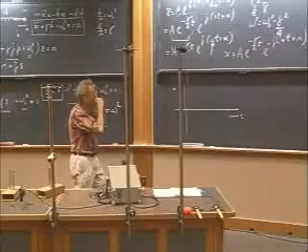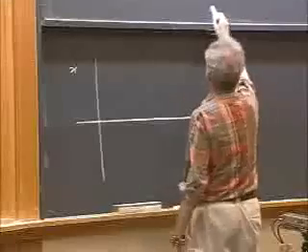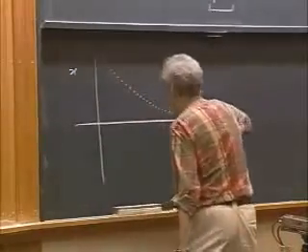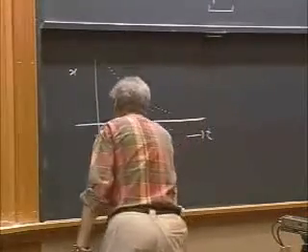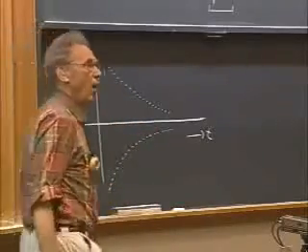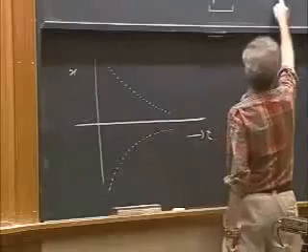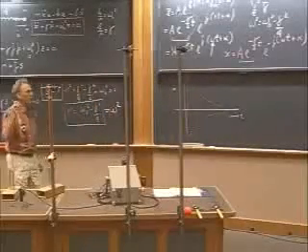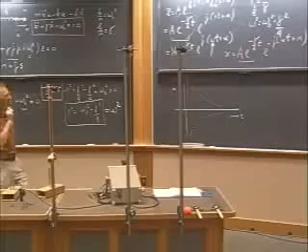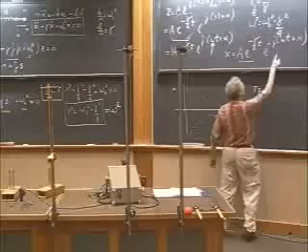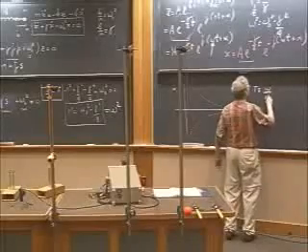And to guide my hand, I'm going to first put in this exponential. And now I'm going to put in that oscillatory term here, whereby the frequency omega is uniquely determined. And the period T is that omega divided by 2 pi.